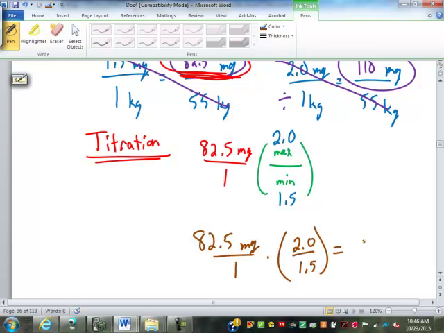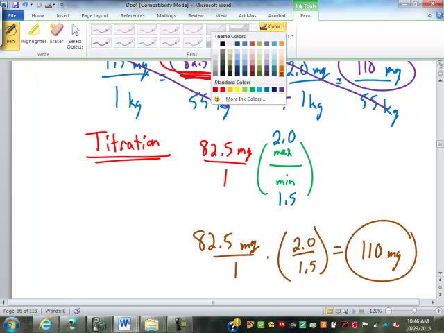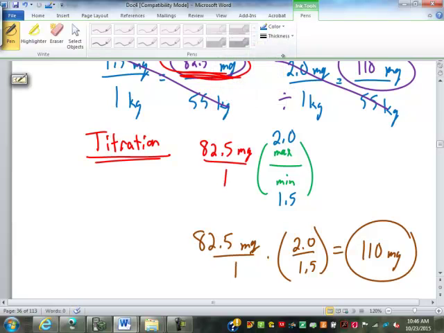If you multiplied that out, we would get the 110 milligrams as the max. So this was the minimum. That's why the minimum had to go on bottom. The top here was the maximum, so that's why it spit out the maximum.